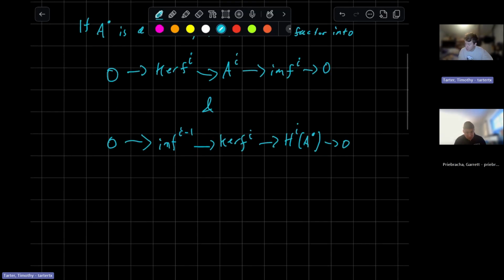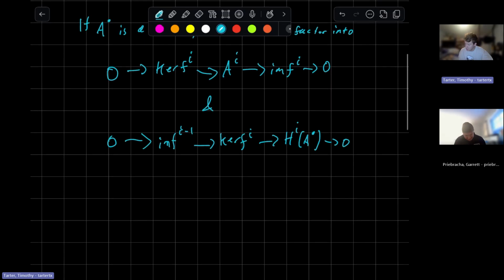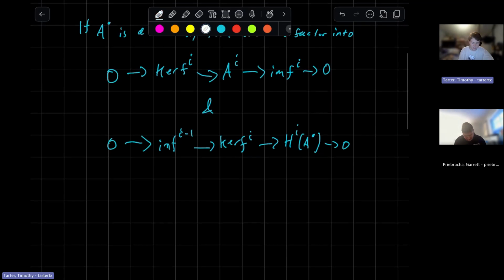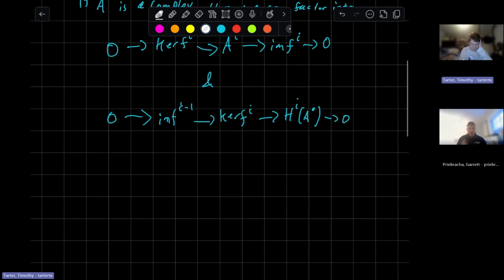And so the next exercise is to describe certain exact sequences, which are like the dual of these two exact sequences here for a complex. They say describe exact sequences as follows.